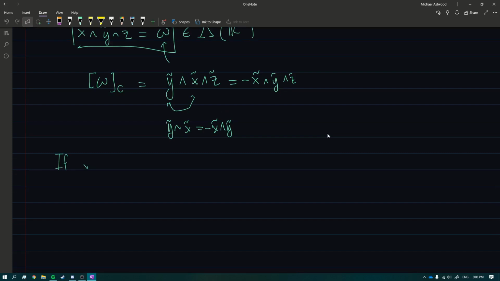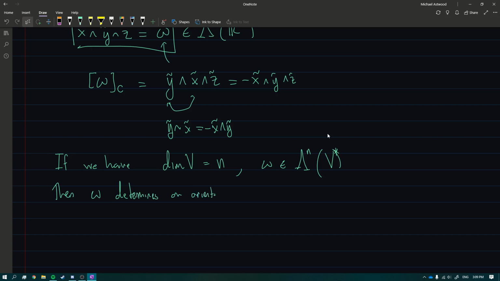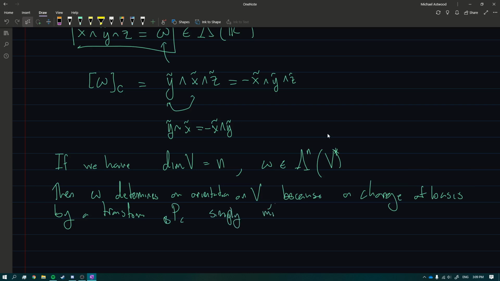So if the dimension of a vector space is n, and we have omega in lambda n, the highest possible lambda of V star, then omega determines an orientation on V, because a change of basis by a transformation P_BC simply multiplies omega by a constant.